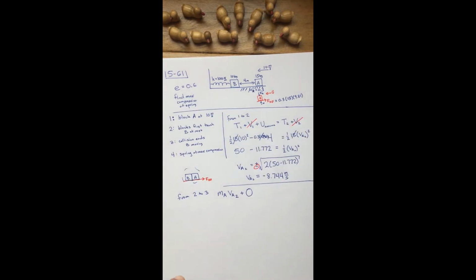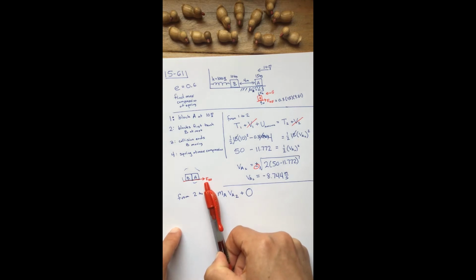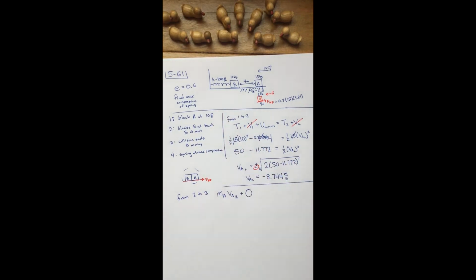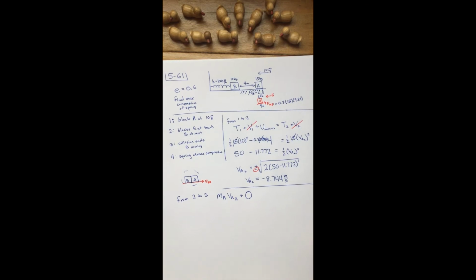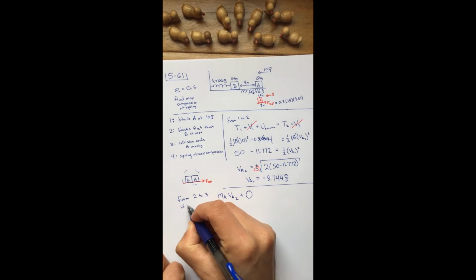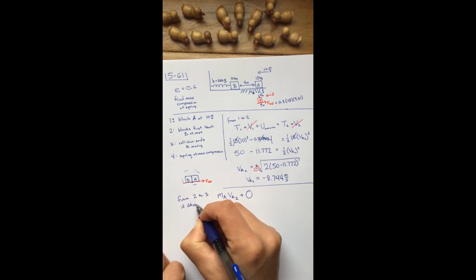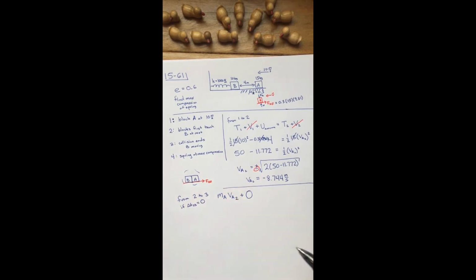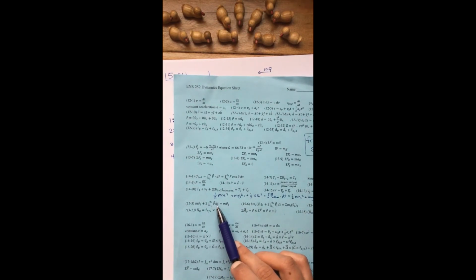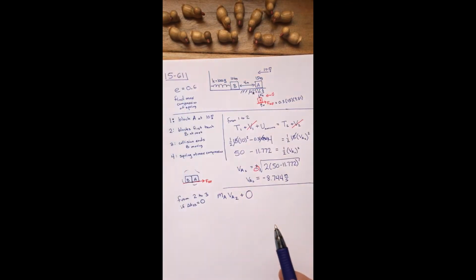We're going to use the impulse approximation to ignore the impulse from the force of kinetic friction and from the spring. We can say if the collision took place over a time period which was equal to 0, then the net impulse would be equal to 0 because when you integrate dt, you'd get delta t, which is equal to 0.